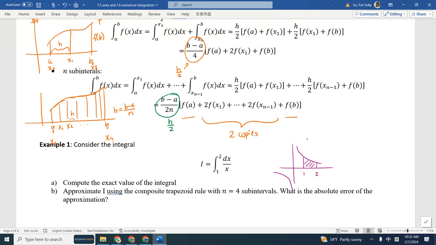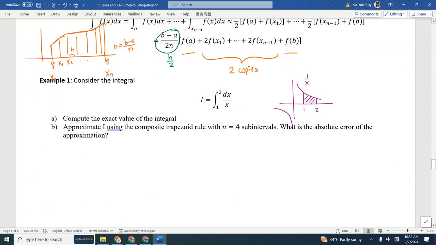Part A computes the exact value of the integral. Yeah, this integral we're able to compute. And then part B approximates this integral using the composite trapezoid rule with n equals 4 subintervals. What is the absolute error of the approximation?